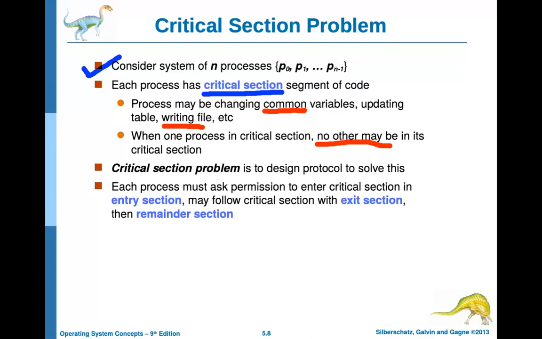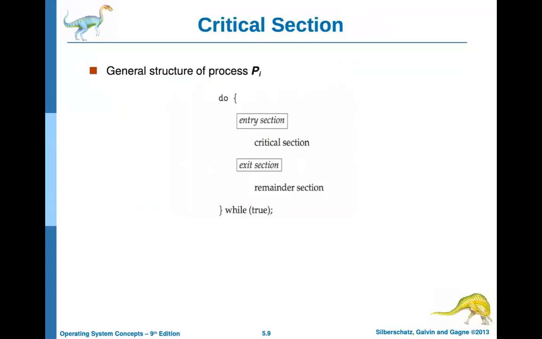It is something like you acquired a lock on that and then use it. And whenever you finish your critical section, you are supposed to release that lock. This section is called the exit section.